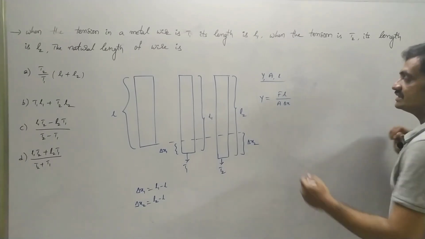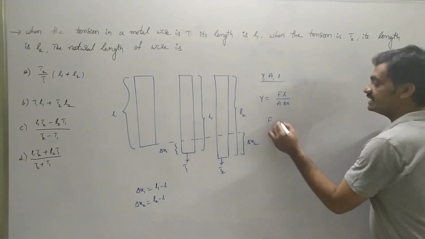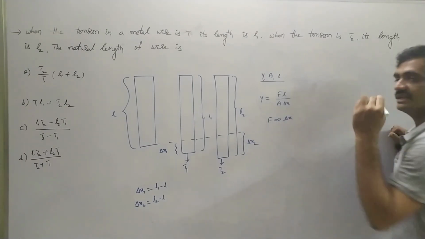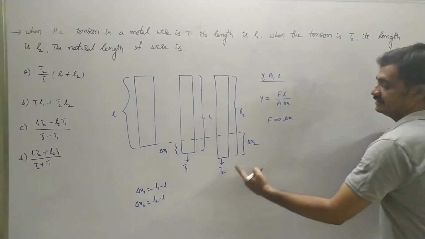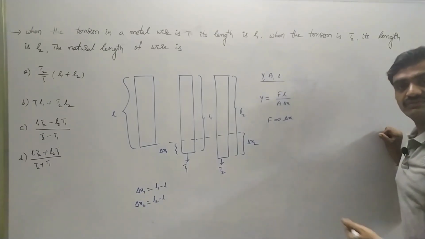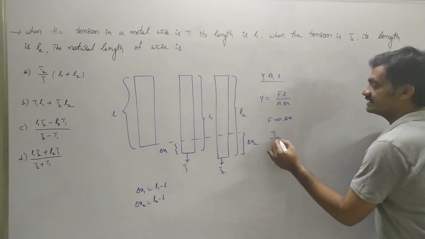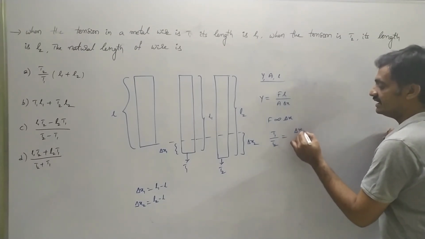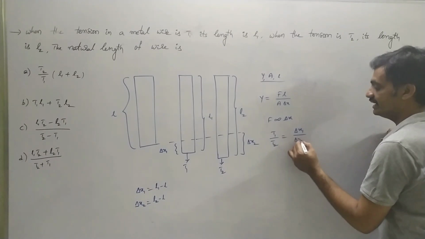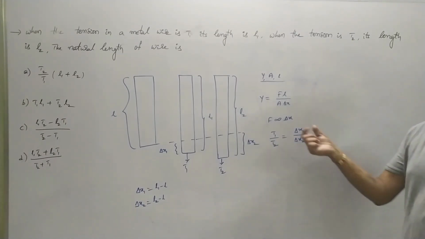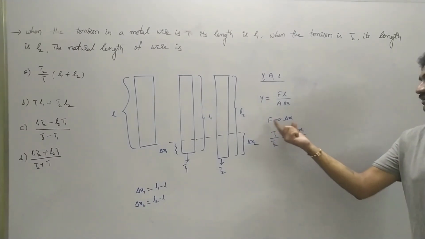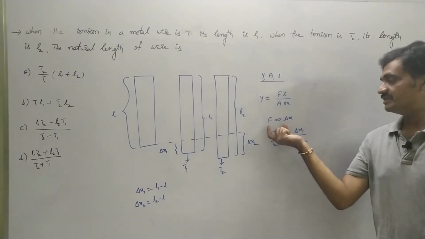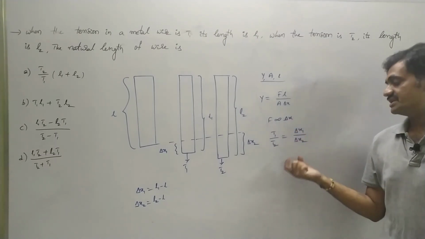Since these three are constants, we can represent that force is directly proportional to change in length. For these two tensions, nothing but forces, we can represent it as T1 by T2 is equal to delta x1 by delta x2. Instead of substituting, I am directly dividing both the tensions based on this equation.